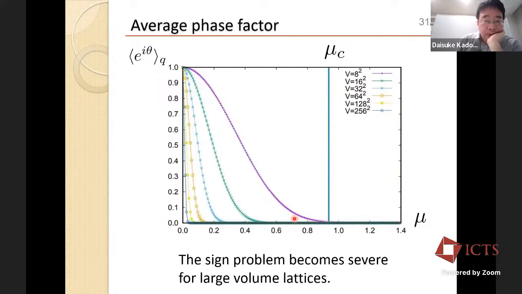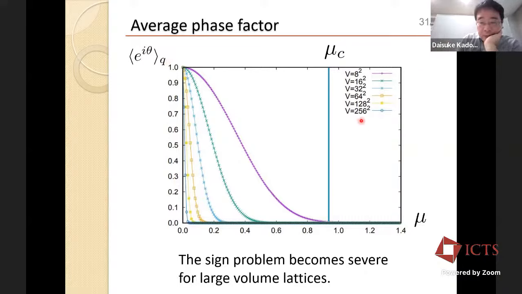And this figure shows the average phase factor. The average phase factor measures the severity of the sign problem. If the average phase factor is 0, the phase takes -1 and +1, fluctuating from -1 to +1.